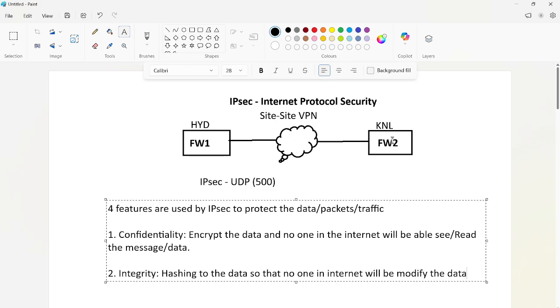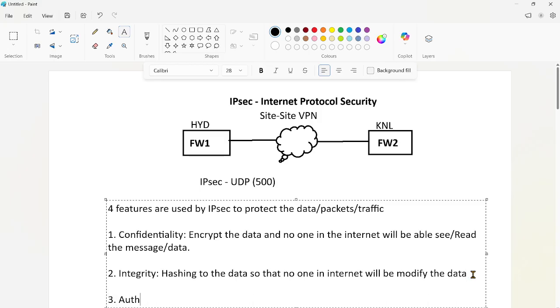So to avoid that, we hash the data so that no one on the internet will be able to modify it except the sender and the receiver. Sender means whoever is sending the data, receiver means whoever is receiving the data or information. This is how integrity works.